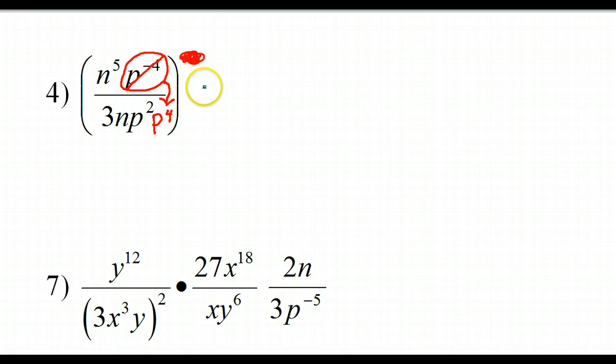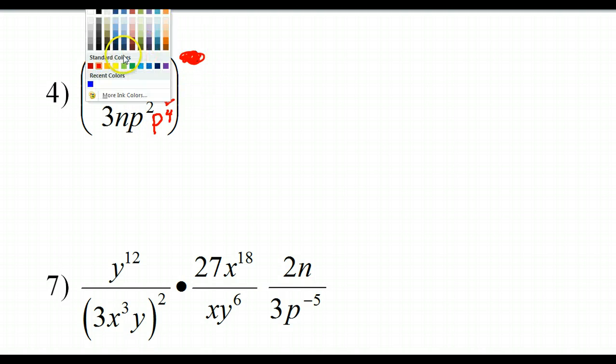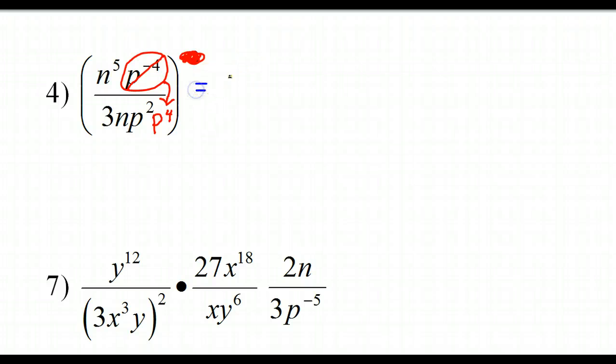Now I can go ahead and simplify this. So this is going to become, let's see. Now that 3, there's no other coefficient, so that 3 is going to stay there. If you look at the n's, I've got n to the 5th in the top, n in the bottom. This n will cancel out one of those n's and leave n to the 4th power.